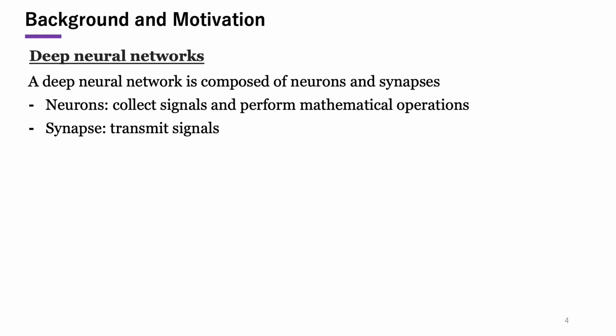A deep neural network is composed of neurons and synapses. Neurons collect signals and perform various mathematical operations. Synapses transmit signals between neurons.